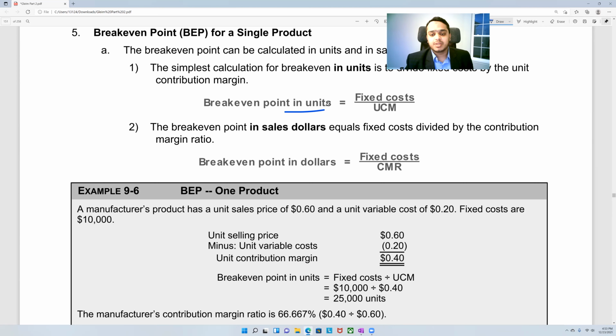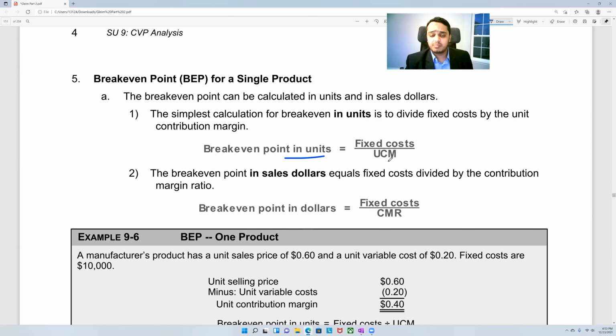The same way, if I get this answer, fixed cost divided by unit contribution margin, as so many units, and I multiply it with the dollar amount, I'll get the break-even point in dollars. You can see it is fixed cost divided by the contribution margin ratio. Now, how do you calculate the contribution margin ratio?